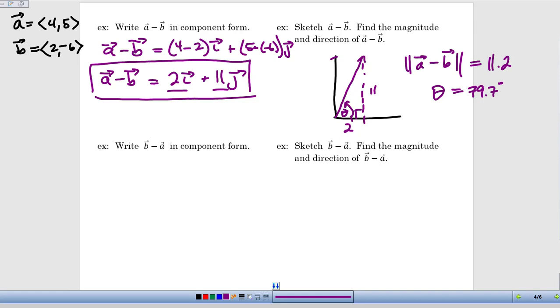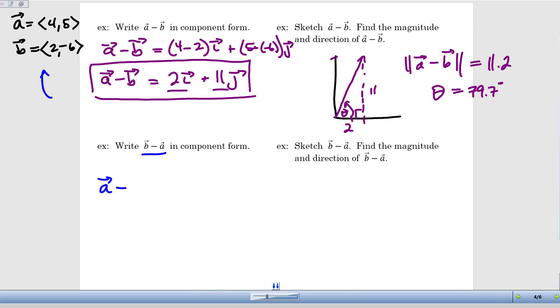If we go to the next example here, so now we've got b minus a. We want to write b minus a in component form. So if we go back to our original a and b, I just subtract the i components.